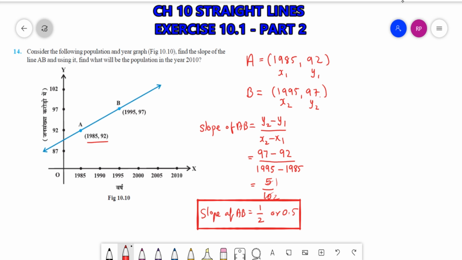Okay. Now the second question asked. In the second question, you have to find out the population in year 2010. So what I can do, I can extend this line.